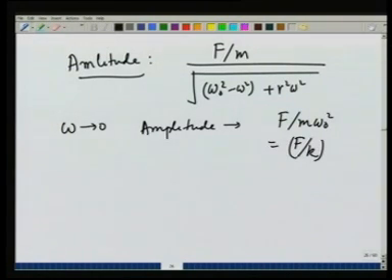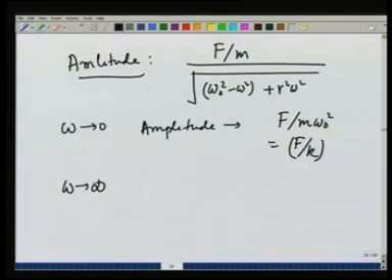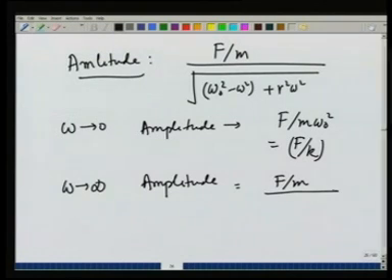That means, at 0 frequency I am applying just a constant force and the mass is displaced. When frequency becomes large, the amplitude of the motion goes as f over m divided by omega square, or f over m omega square. I have neglected this term in comparison with omega square.